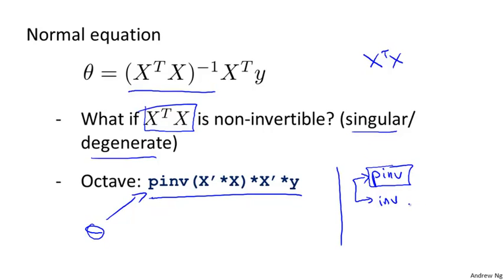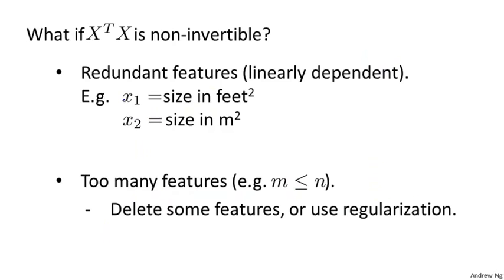But in this optional video, I'll try to give you a little bit of intuition about what it means for X transpose X to be non-invertible, for those of you that know a bit more linear algebra and might be interested. I'm not going to prove this mathematically, but if X transpose X is non-invertible, there are usually two most common causes. The first cause is if somehow in your learning problem you have redundant features.